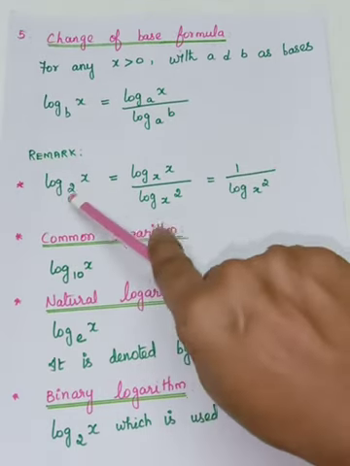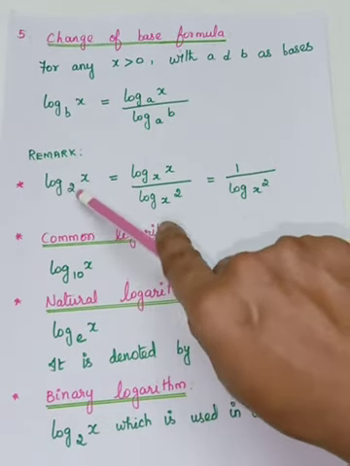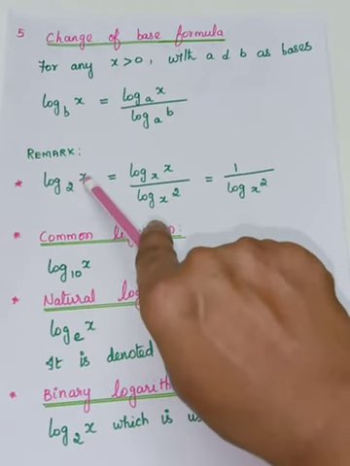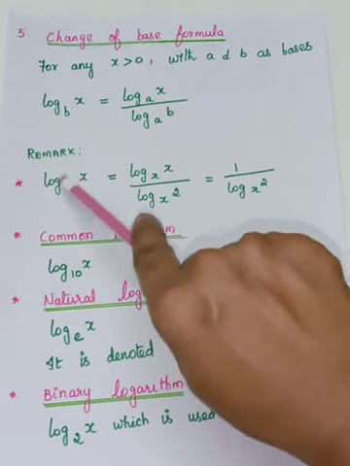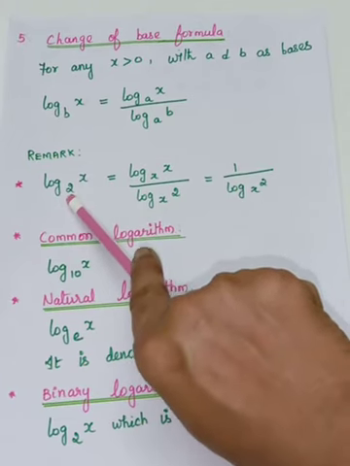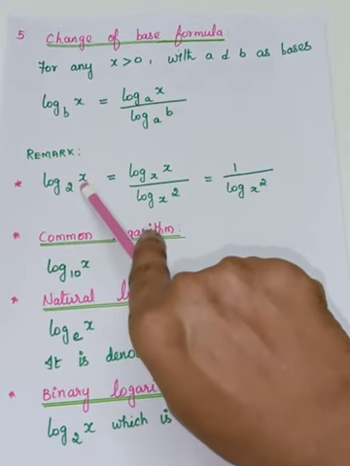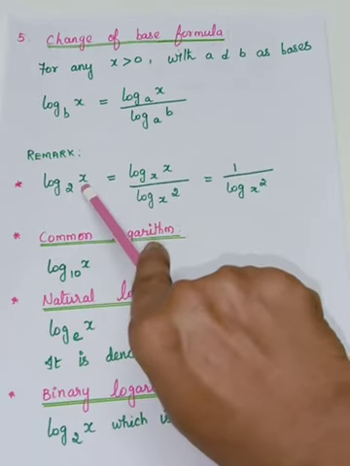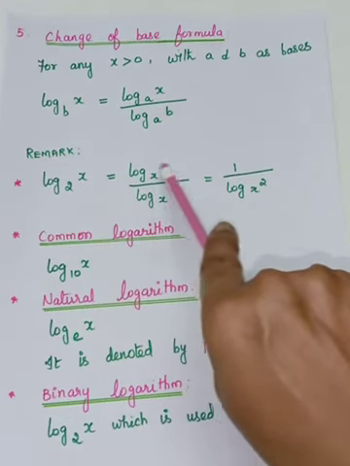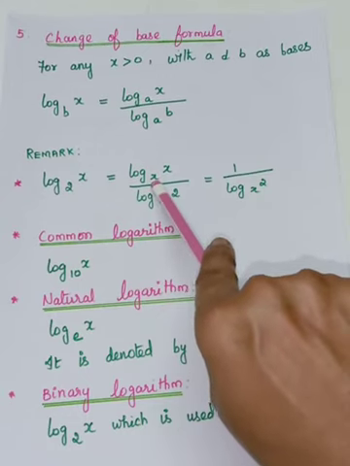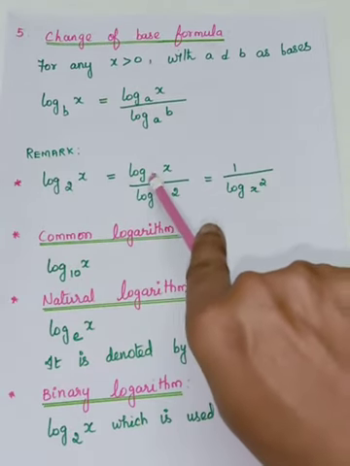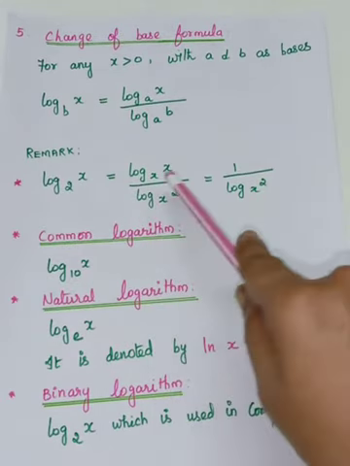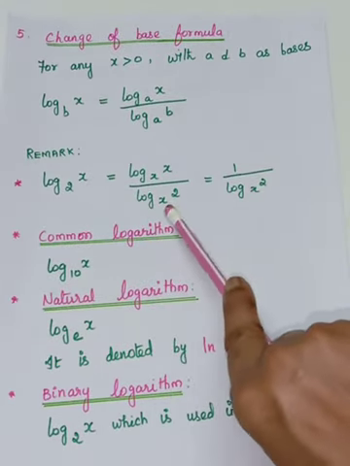If you want to change the base to x, the base 2 here should be changed to x, how will you do it? What is your base now? x. So whatever function you have here, you have to write log x. What's the base you want to change to? x. So log x to the base x divided by log 2 to the base x.